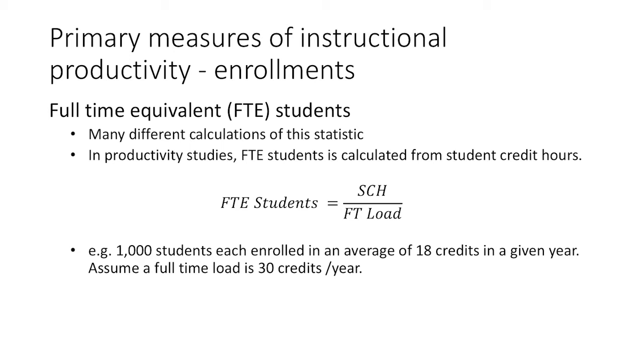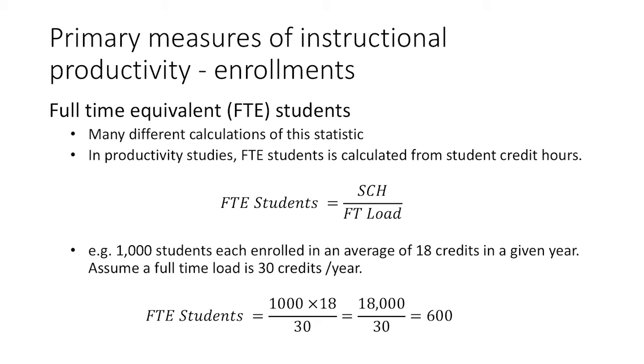You've got 18,000 student credit hours. Now, what's a full-time load for a student? Well, for a traditional undergraduate, you can define a full-time load as either 30 credits or 32 credits. We'll just use 30 because it ends in 0, and that's easy.